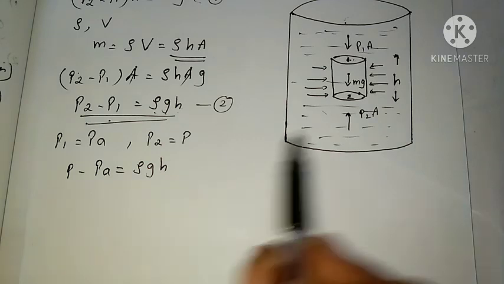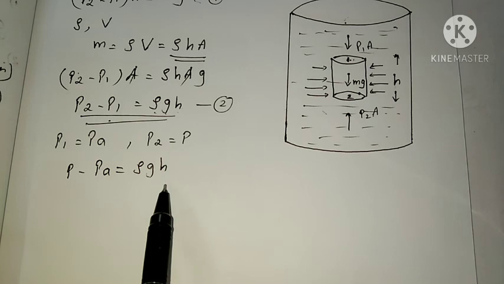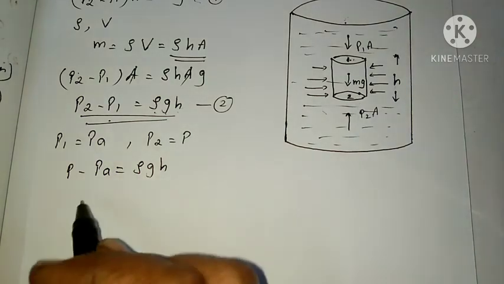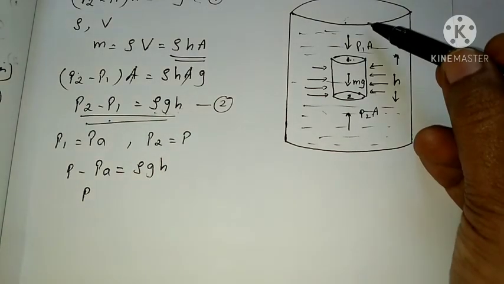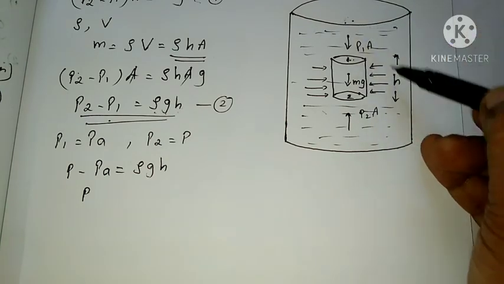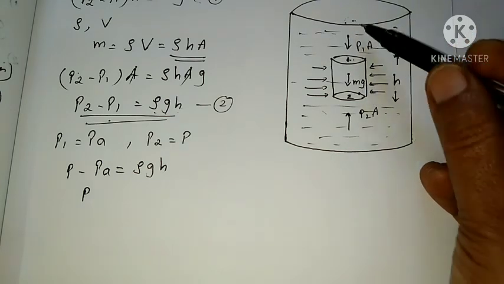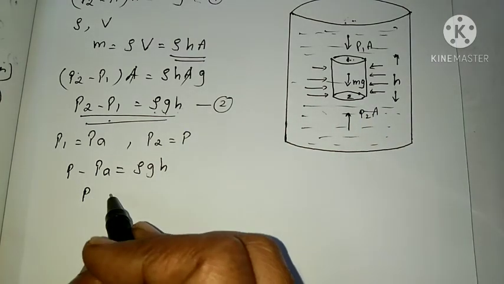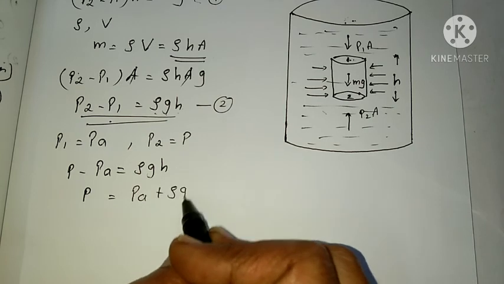P is the pressure inside the fluid. So we can write pressure inside the fluid at a height h from the surface. So the pressure at the point P is equal to the atmospheric pressure plus rho GH.